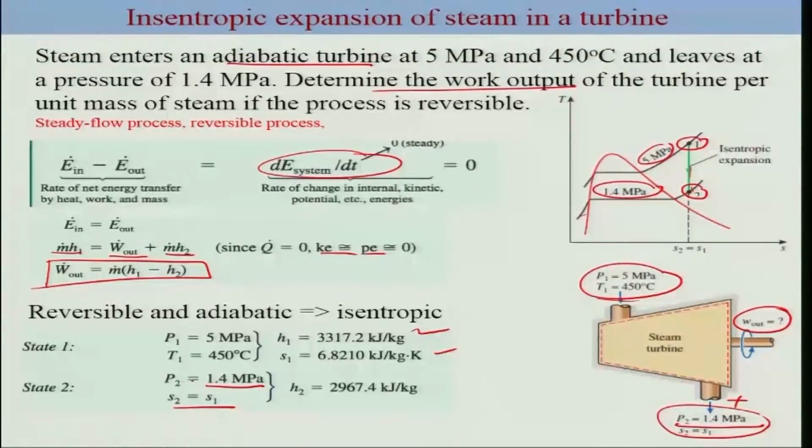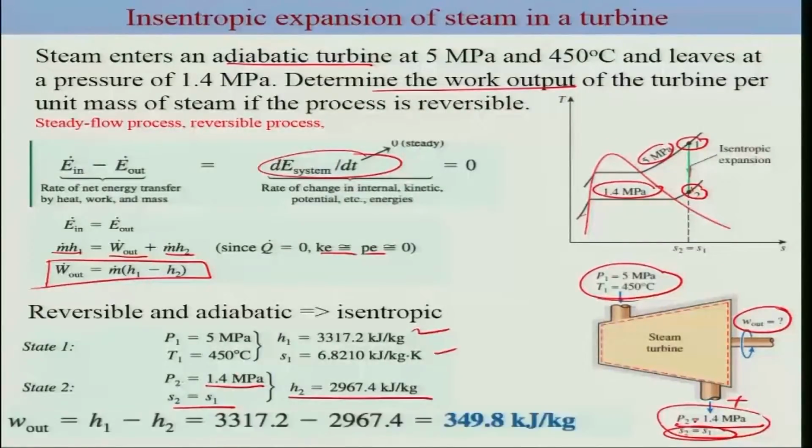That means P2 is this and s2 equals s1, and you may have to do some interpolation to obtain the value of h2. So this is a generic process to solve such a problem based on the information of entropy, which in this case we have considered to be constant. W out for this problem turned out to be 349.8 kilojoules per kg.